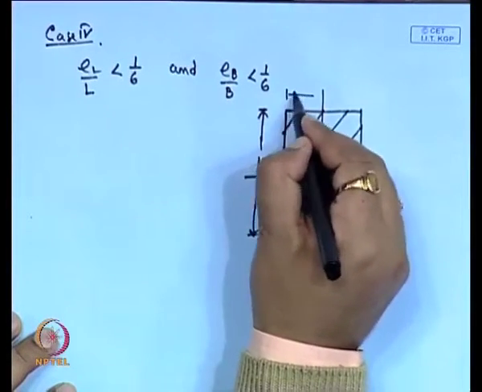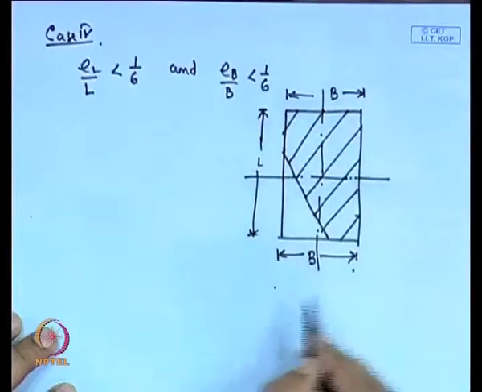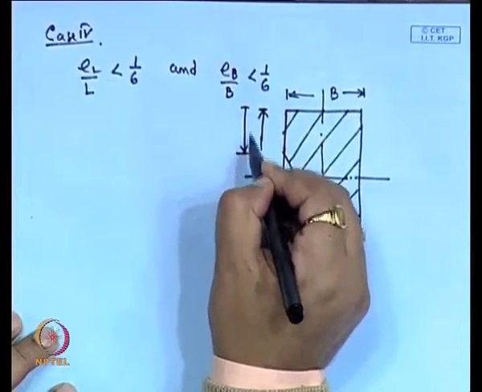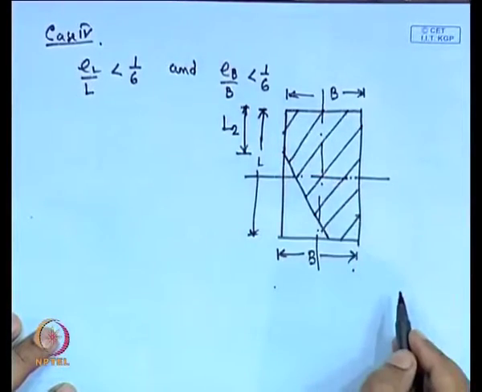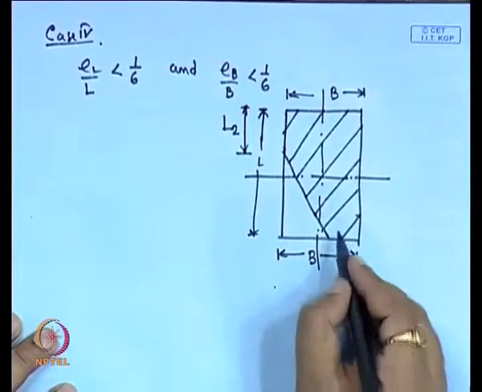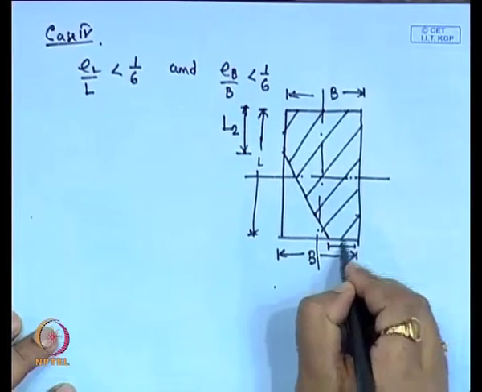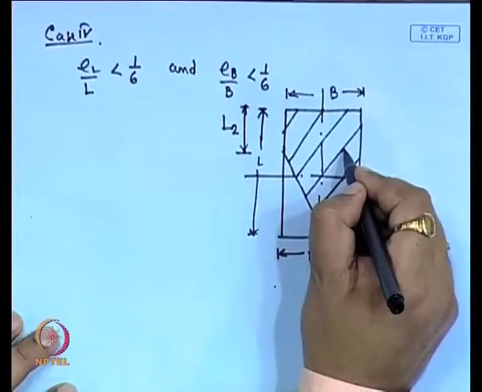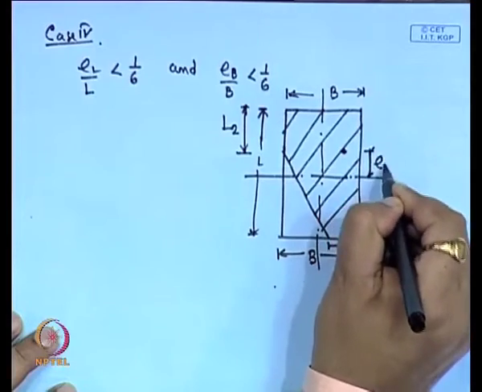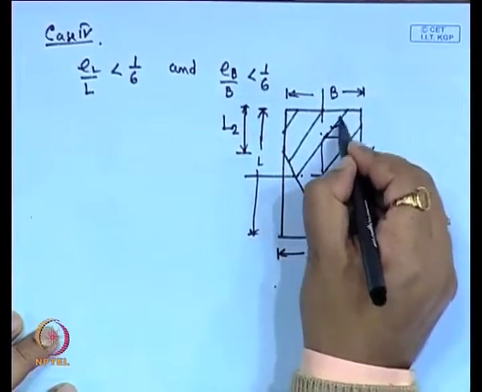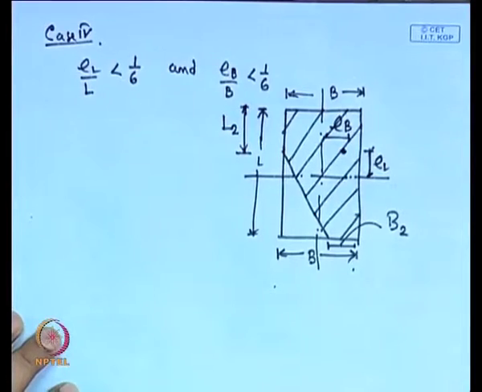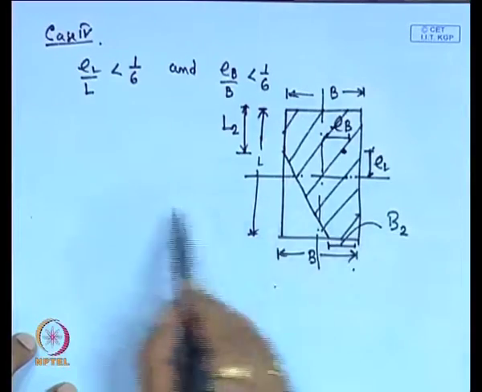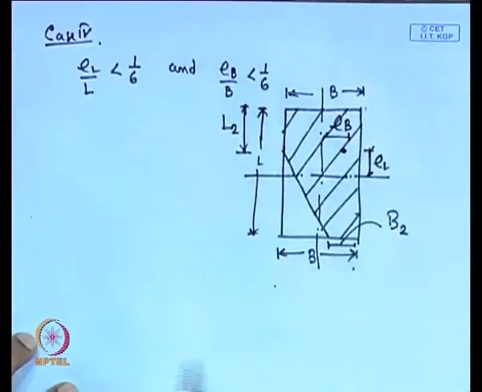So, this one is again B, this value is equal to L 2 and this value is equal to B 2, and this is E L and this is E B. So, in this case, this is B 2, this is B, this is L 2 and total is L.